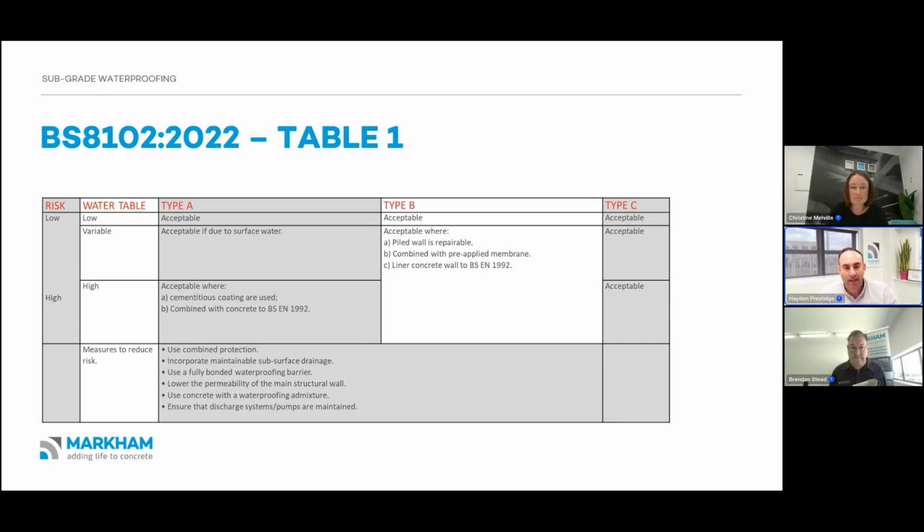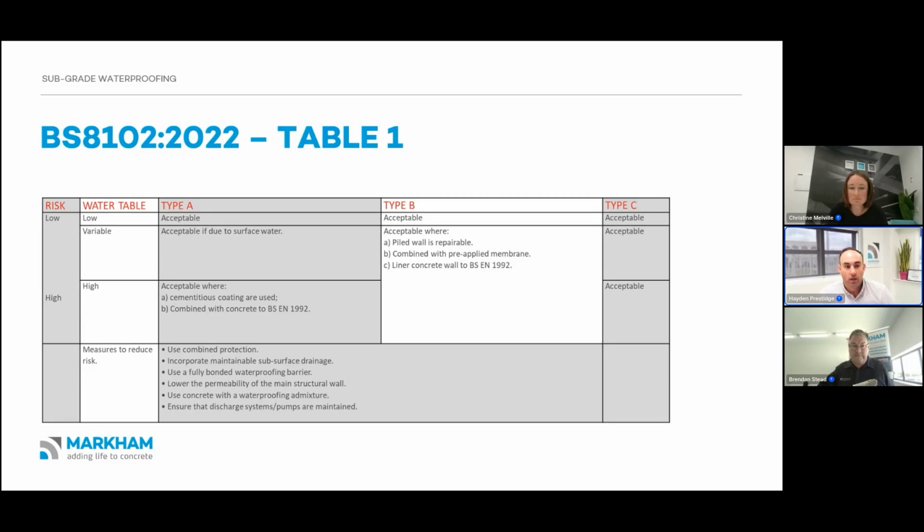So type A is still acceptable, and then type B is acceptable, but then you have to start thinking a little bit more about what's the building, is it repairable? Can you get to the waterproofing? And then type C is acceptable all the way through because it's an internal system where you're managing water ingress as it comes through.